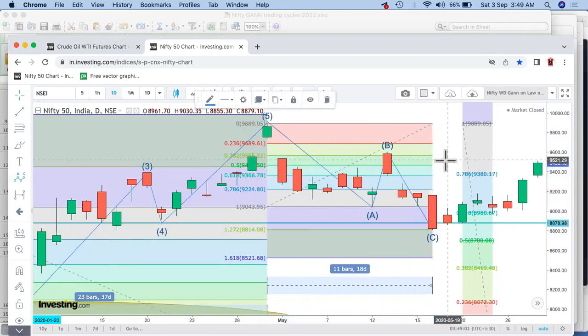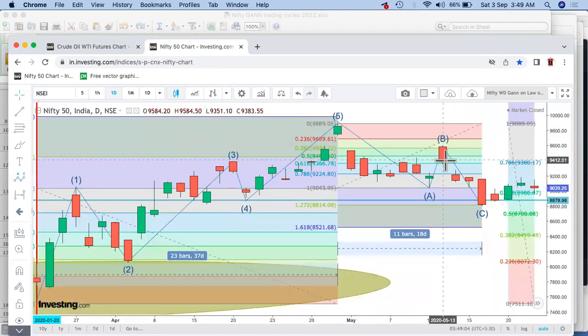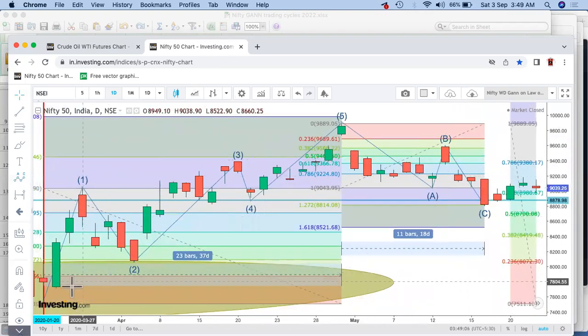If we see carefully, we probably have an Elliott wave which is 0, 1, 2, 3, 4, 5, and then A, B, C. So this probably can be a coincidence. We are not 100% sure, but maybe something in terms of Elliott wave, because nowhere in W.D. Gann's book has it been considered or named as such.